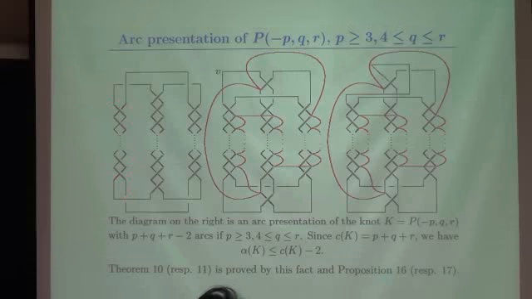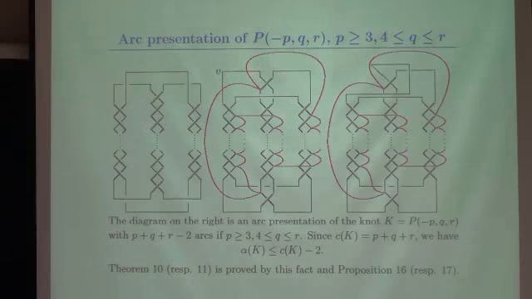So here is another one, here is another one. And here you have a Q twist, and here you have R minus 2 twists. And this red curve, here you have this piece. So we can reduce one of these crossings.